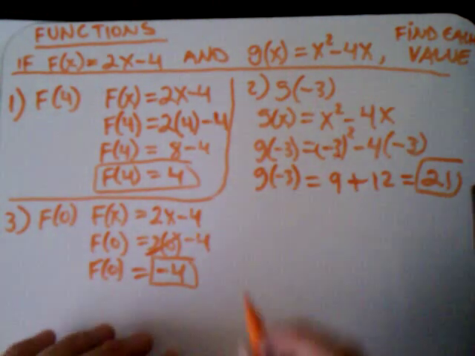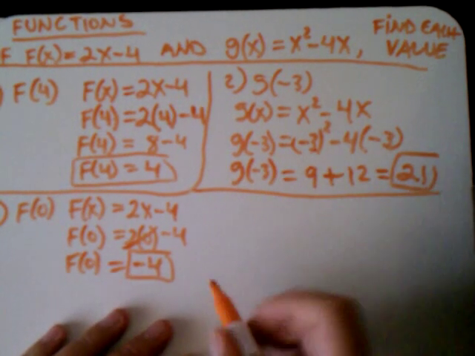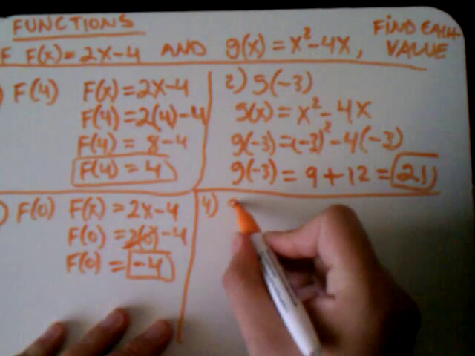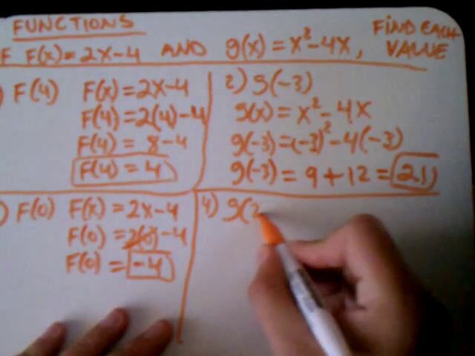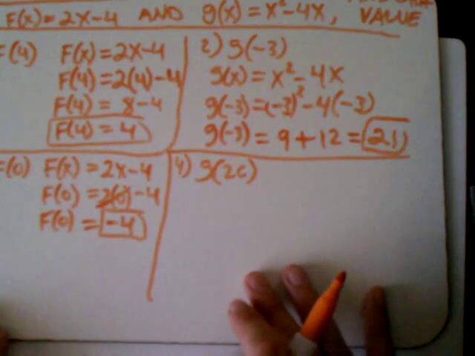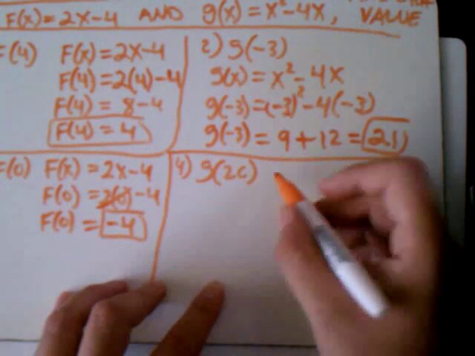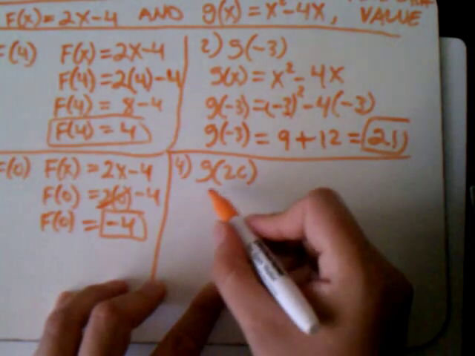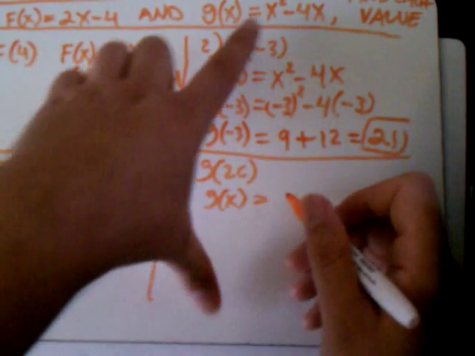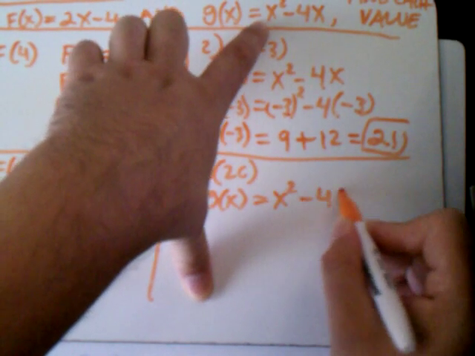Okay? And now the last one we're going to do, example 4 says g of 2c. So this is a little bit more confusing, but we're going to do it. Okay, so we write g of x equals, this is what I'm copying, x squared minus 4x.